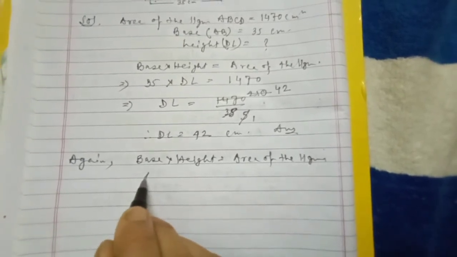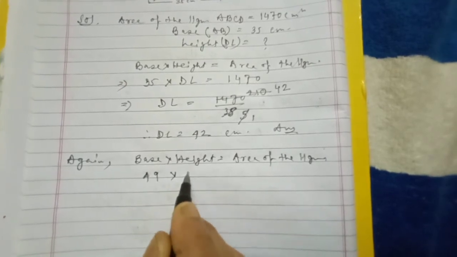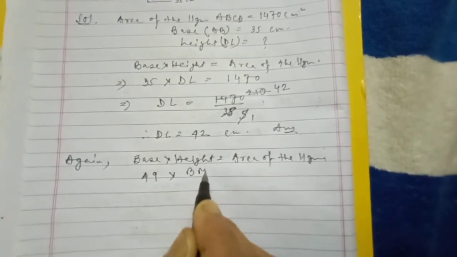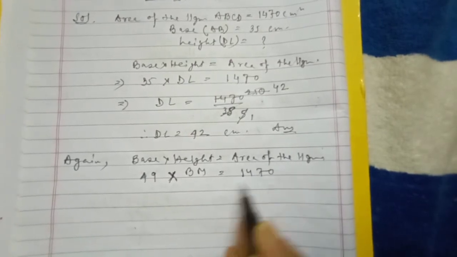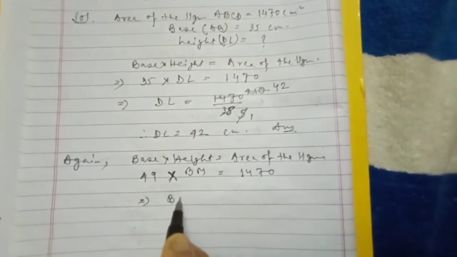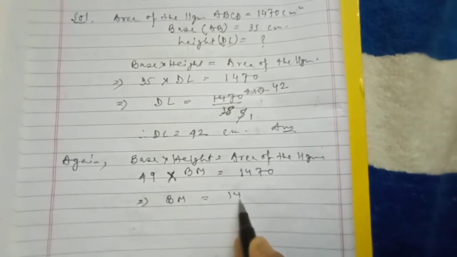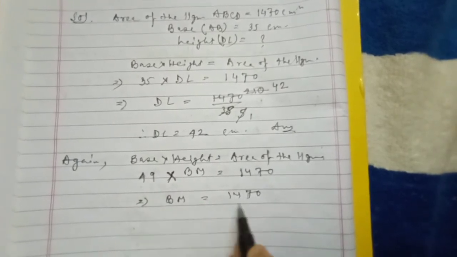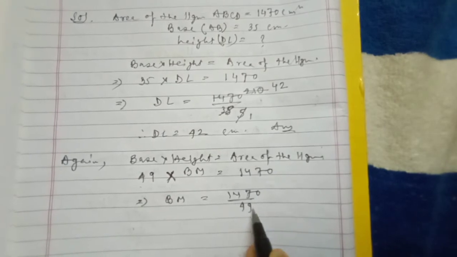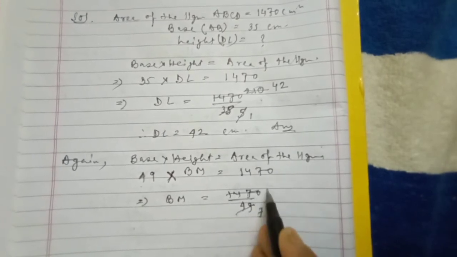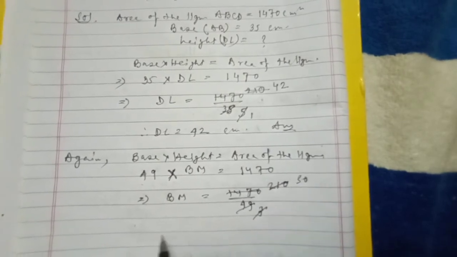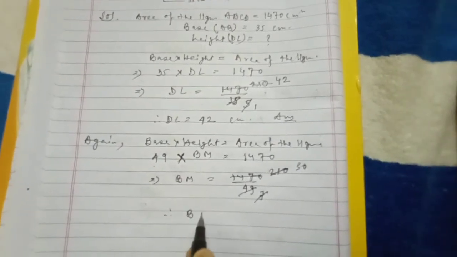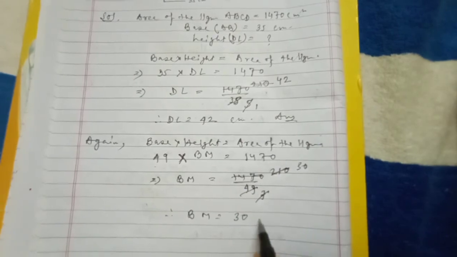Base here 49 centimeter, height BM equal to 1470. To find the length of BM, you have to divide 1470 by 49 now. 7 7s are 49, 7 2s are 14, 7 1s are 7, 0, 3 0. Therefore, BM is equal to 30 centimeter.